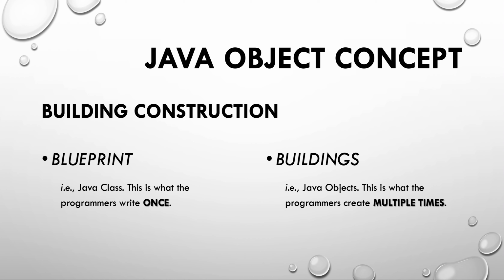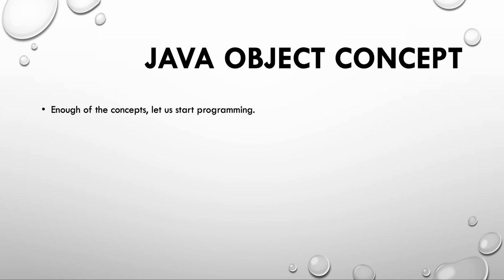But when you create objects of that class, you cannot see them, but they are there. You can tell that you created 10 objects of a class. So I hope you understood this scenario, the concept of Java objects.